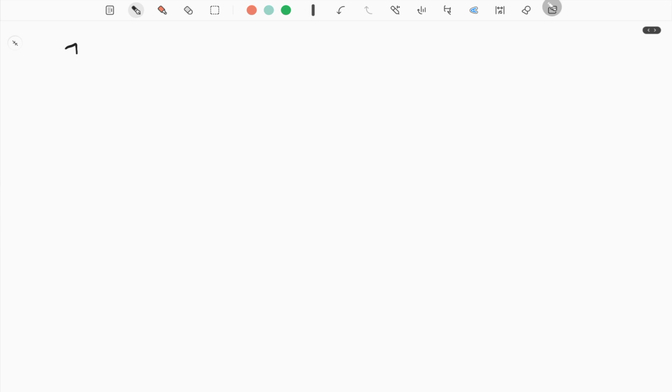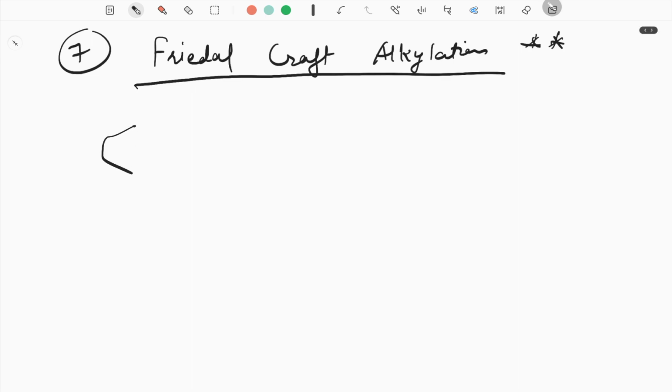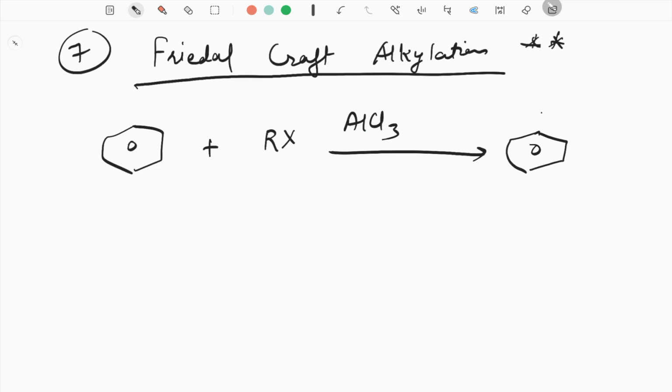So the seventh reaction, the most famous reaction, Friedel Crafts alkylation. The famous and most important reaction, Friedel Crafts alkylation. Here benzene reacts with an alkyl halide or haloalkane in presence of a Lewis acid to give alkyl substituted benzene and HX.